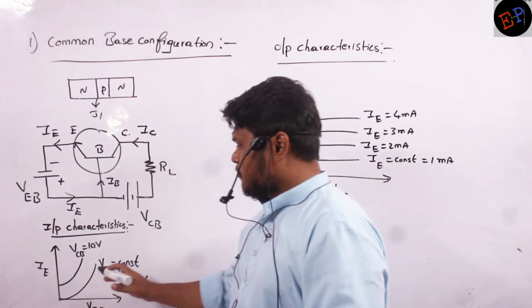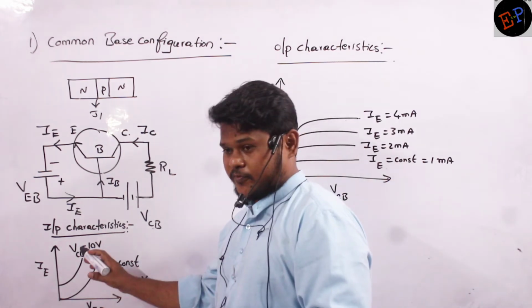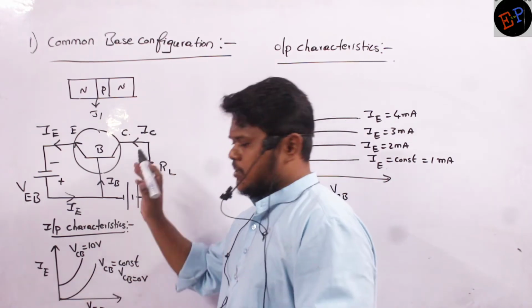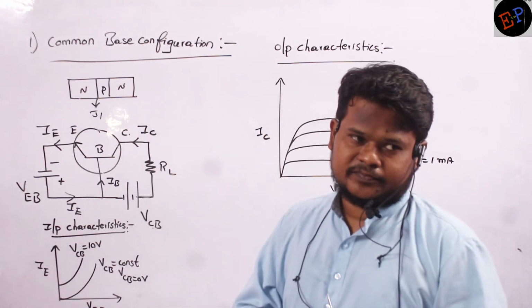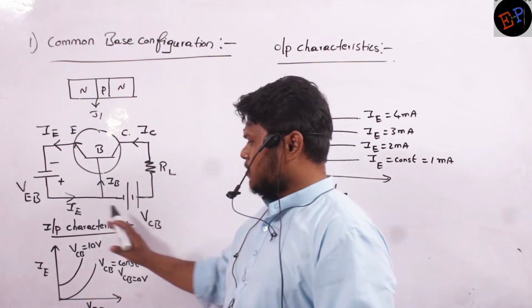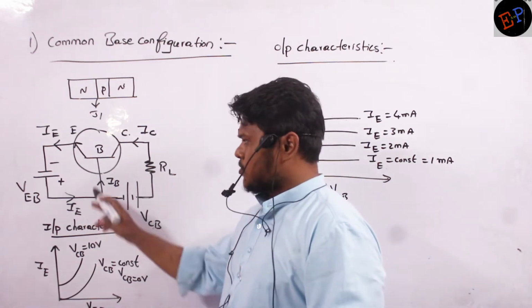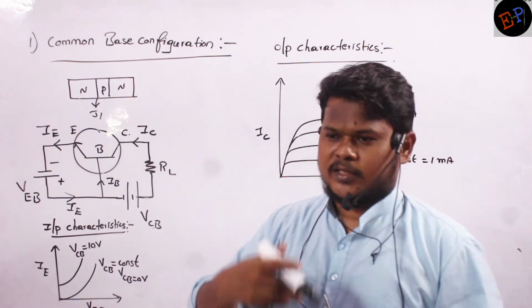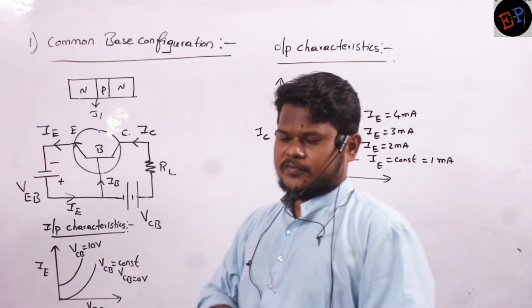And if VCB, the second junction potential, increases, then the IE value increases further. These are the input characteristics. So if the first junction potential increases, the emitter current also increases.